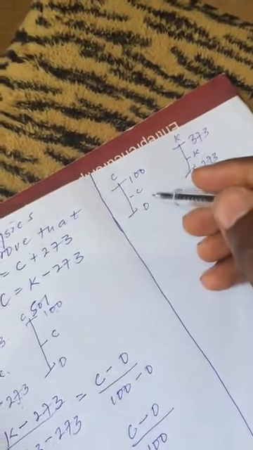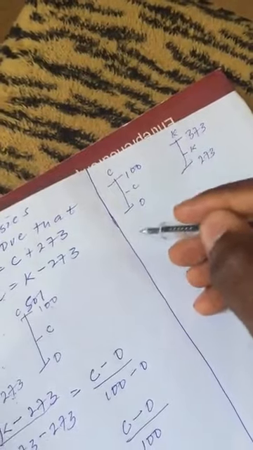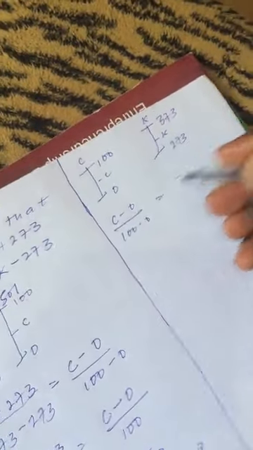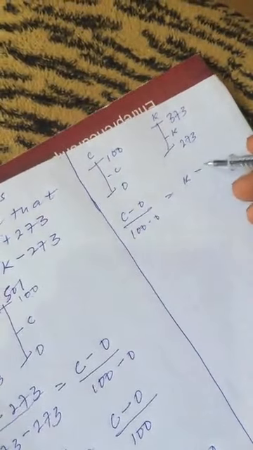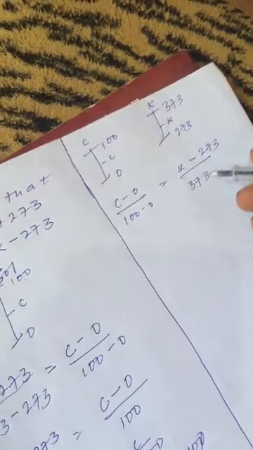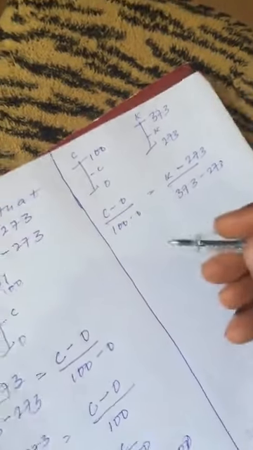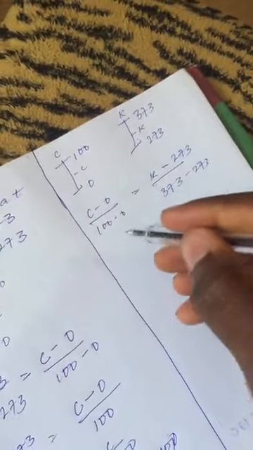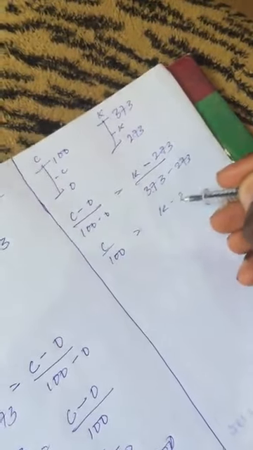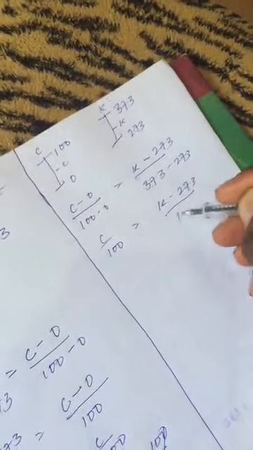Now the same procedure is applicable here. It becomes C minus 0 over 100 minus 0, which is equal to k minus 273 over 373 minus 273. If you do that, we have C over 100 is equal to k minus 273 over 100.